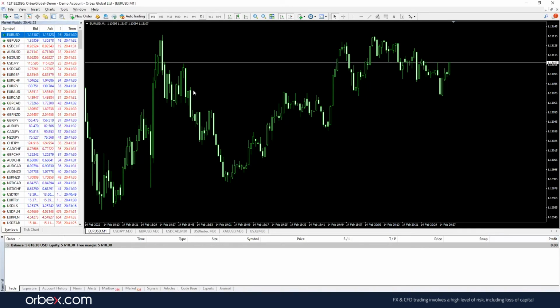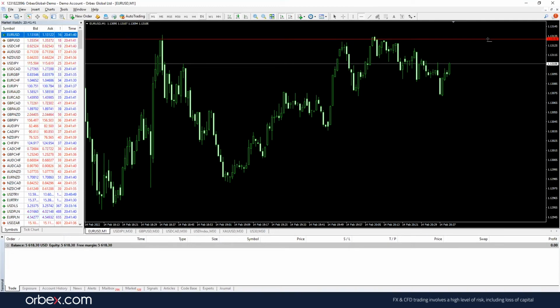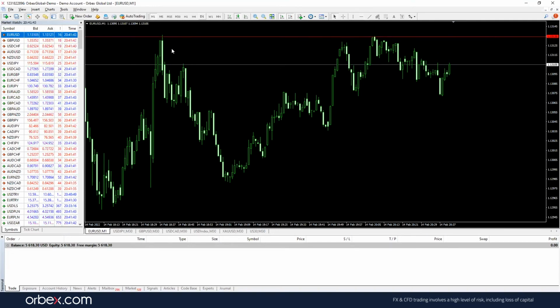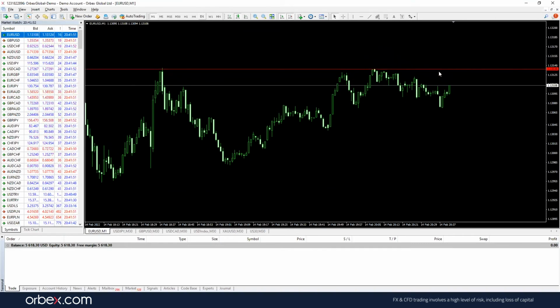For a buy stop, this is the bid line. I'm thinking that this is a good example. We've got a little bit of a double top here. If the price breaks this 1.1313, I expect the price to keep pushing higher. So I'm going to put a buy stop in.